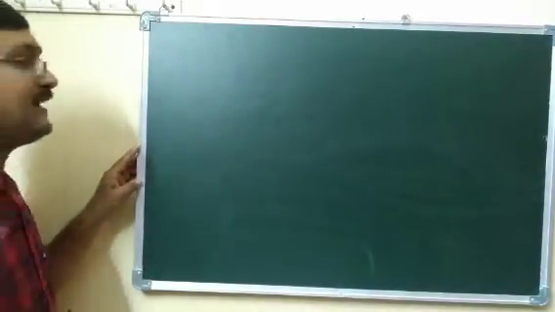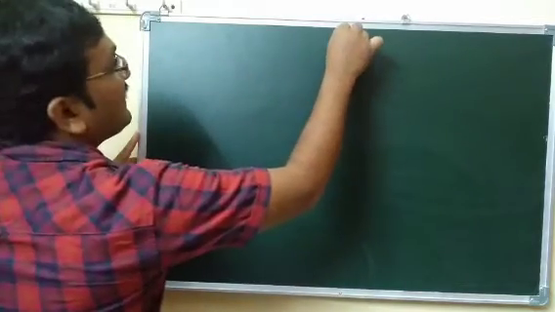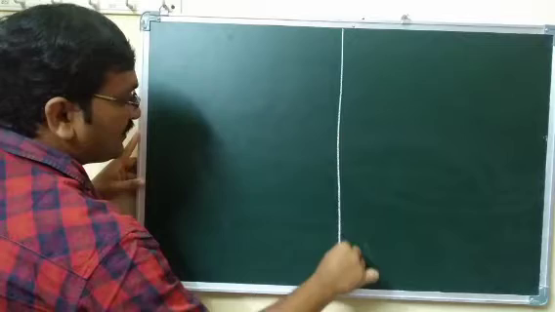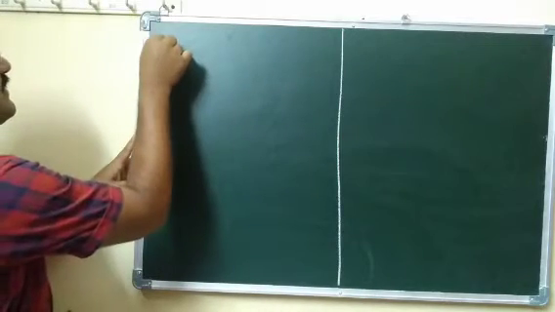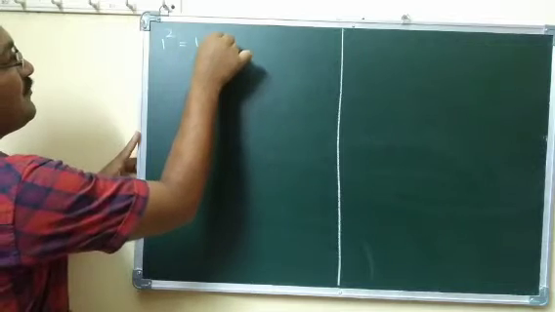Observe, I am writing from 1 onwards, dividing this board into two parts. One is 1 square, that is 1 into 1.